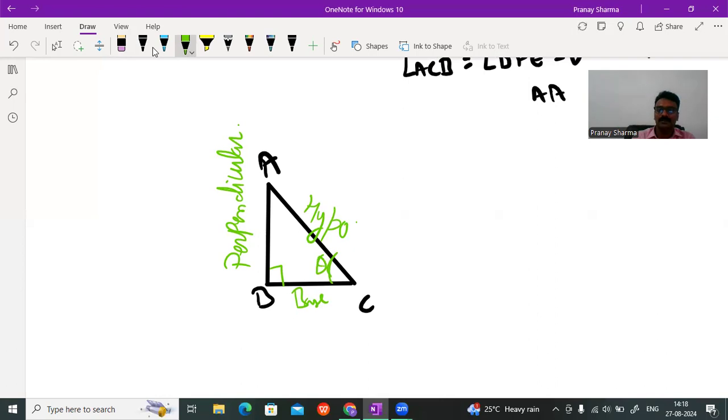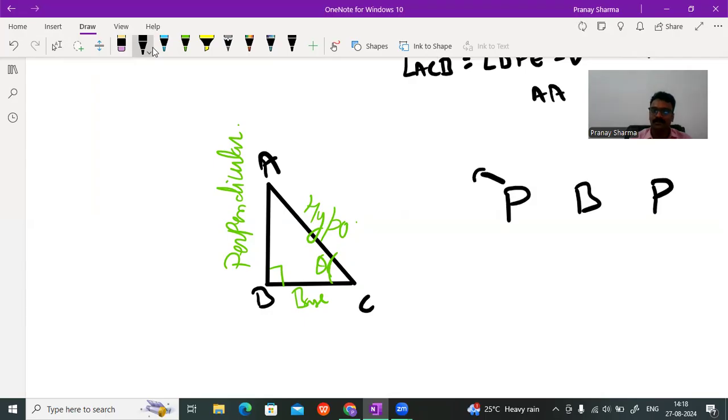Now, if somebody is asking you to calculate sine theta, how do you actually remember all these denotations? So we have a simple trick for this, although it is something that few authors have mentioned, but you will not find it in authentic textbooks. So let us write P, B, P. And how do you remember this?